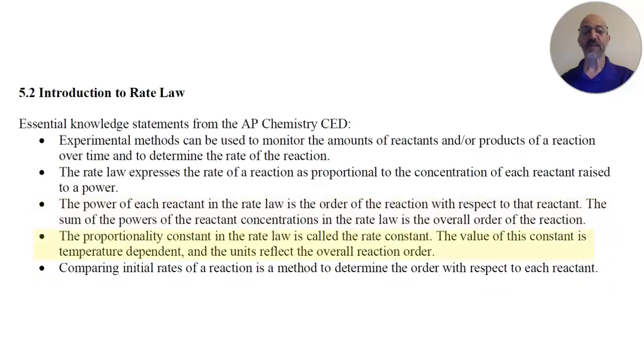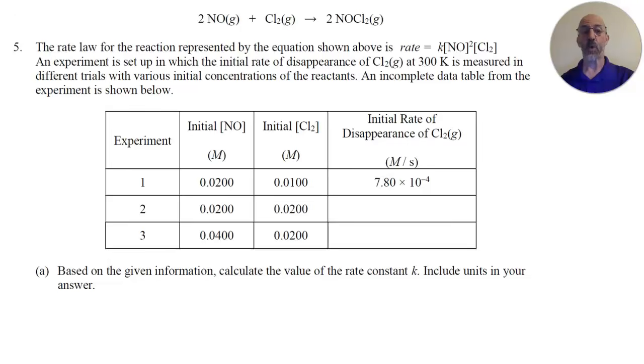And the proportionality constant in the rate law is called the rate constant. The value of this constant is temperature dependent, and the units reflect the overall reaction order. And then finally, comparing initial rates of a reaction is a method to determine the order with respect to each reactant. All right, now it's time to move on to the practice for topic 5.2. This is question 5.